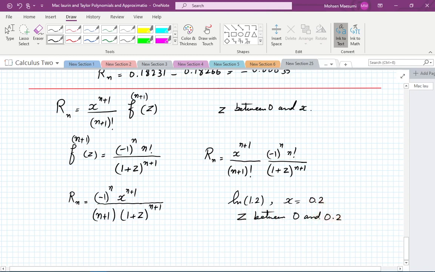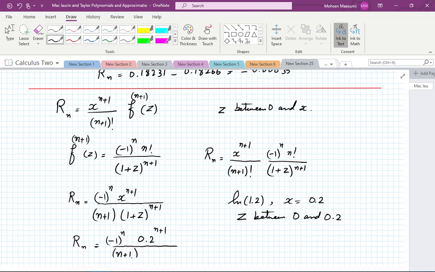Let's see how we can use this to whittle down Rn and make it clear what it is. The leftover remainder is minus 1 to the power of n, then x is 0.2 to the power of n plus 1, and the denominator has n plus 1.